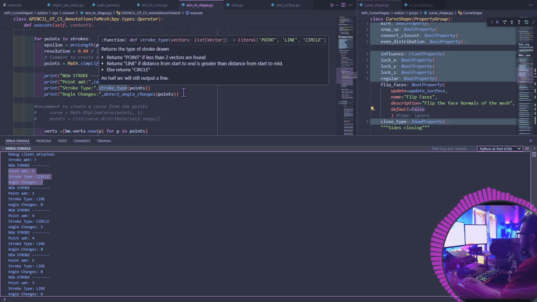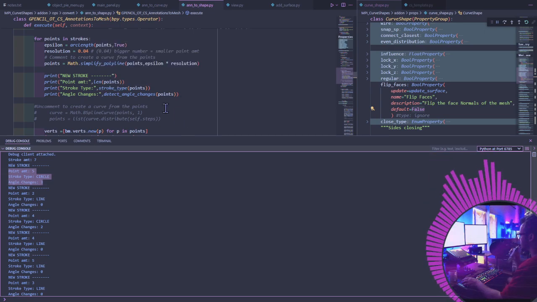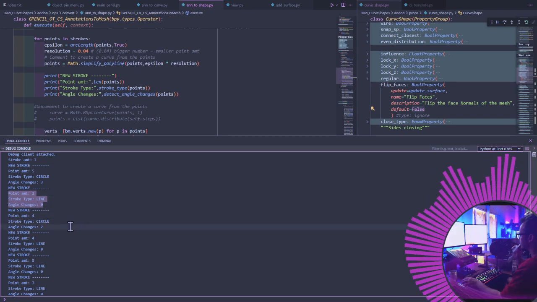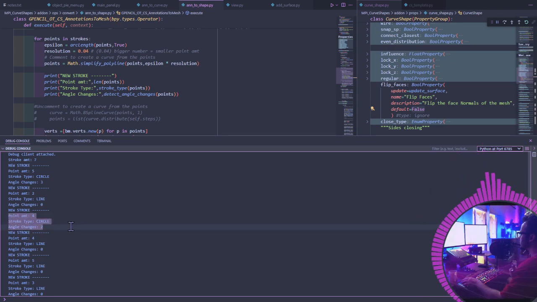The stroke type detection, forget it, I'm going to change it anyway. But we got 5 points and 3 angle changes. That's the square. Then this is the line with just 2 points. That's a triangle, so you got two angle changes.